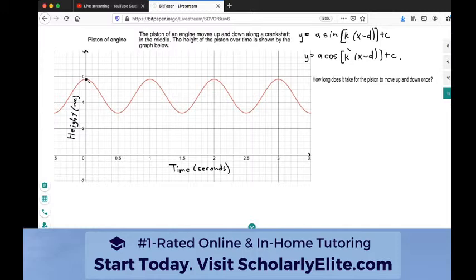It goes down and it comes back up, and we're back at that same y value here, which tells us that it takes the piston 1 second to go up and down one time. That's really what we can also say is the period. So the period is 1. Okay, I'm going to erase some of this because I want to get rid of that line there. Great. So that takes 1 second.